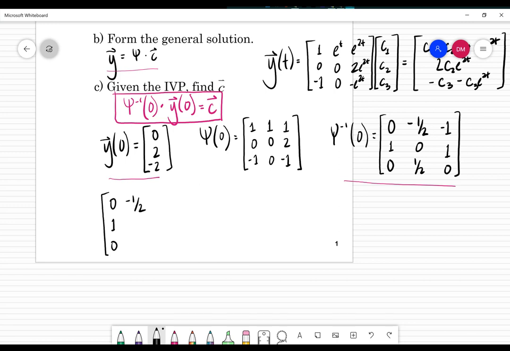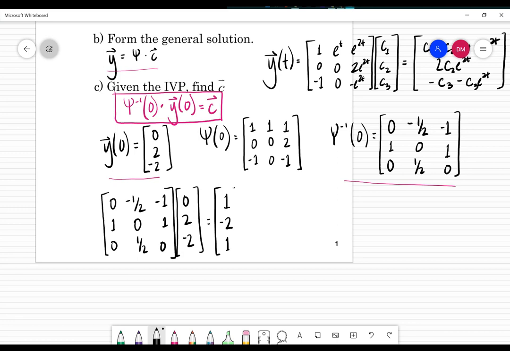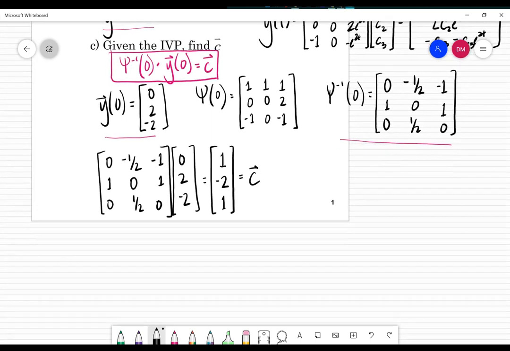And then that should give us our values for C1, C2, and C3. So I'm just going to write out here what I'm multiplying it by: 0, 2, -2. And I got 1 for C1, -2 for C2, and 1 for C3 by doing that matrix multiplication. So this is what we are saying is equal to those values of C.